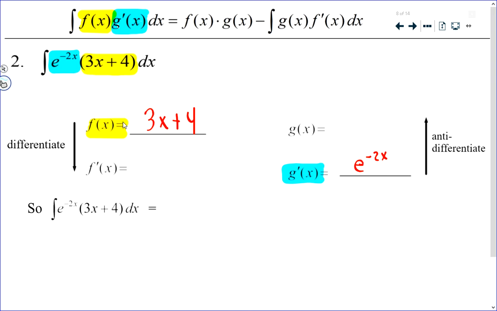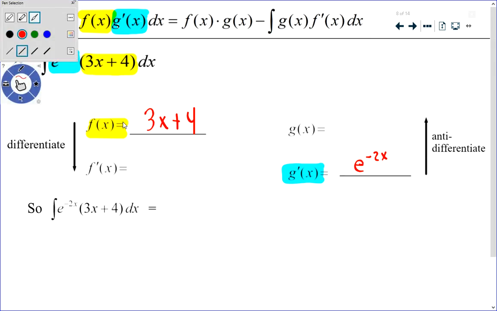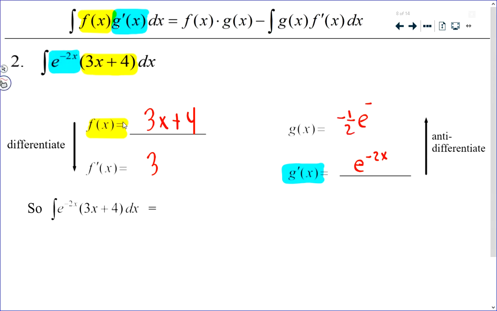This is not like substitution where you might have other pieces that you don't worry about. These parts have to multiply to give the integrand. So now how do we proceed? What we have to do is differentiate what we chose as f of x. That's pretty simple. We have to anti-differentiate what we chose as g prime of x. Not as simple, but doable.